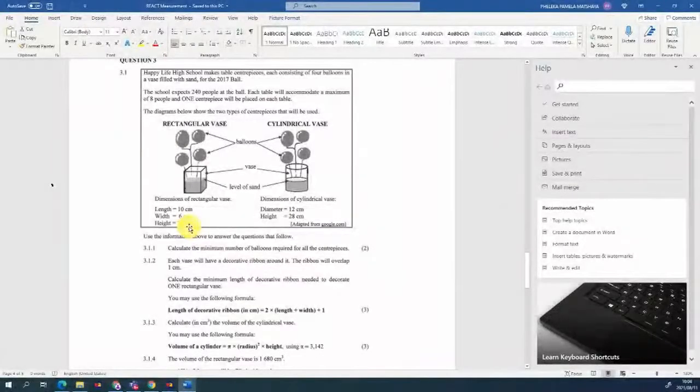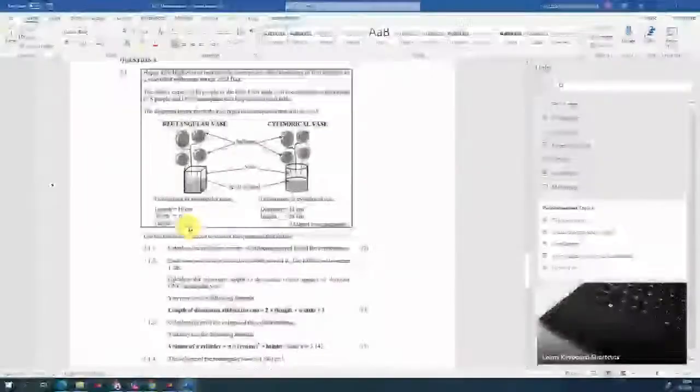What must you determine first before you can determine the balloons?